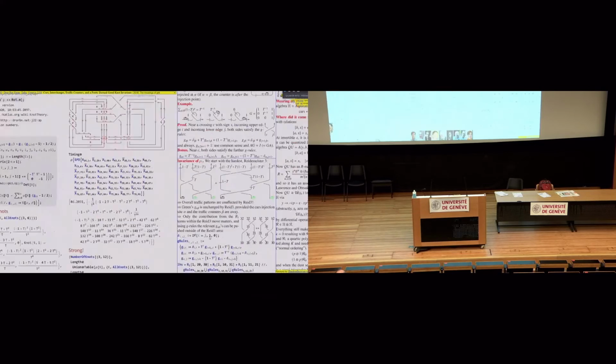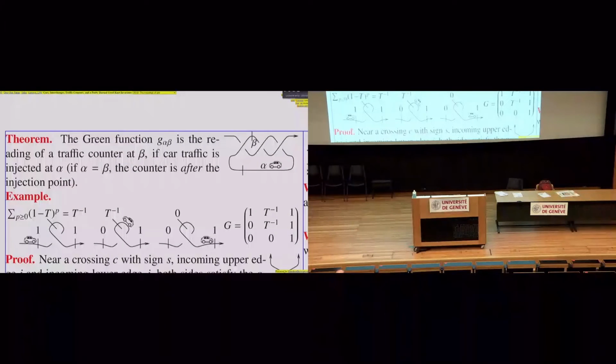But now let's do a theorem. The green function g alpha beta is the reading of a traffic counter. You put a traffic counter at beta and you inject traffic at alpha, and you just count which fraction of the cars that enter at alpha get counted at beta.